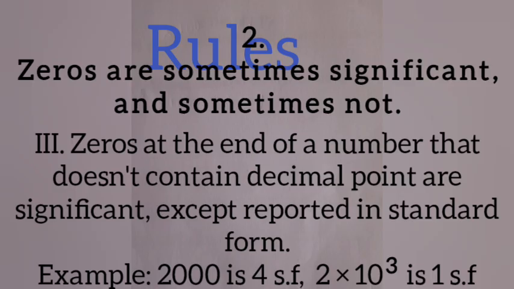Under rule number 2, number iii, zeros at the end of a number that does not contain a decimal point are significant, except if reported in standard form. For example, 2000 is four significant figures. But if it's expressed in standard form, it will now be 2 times 10 raised to 3.